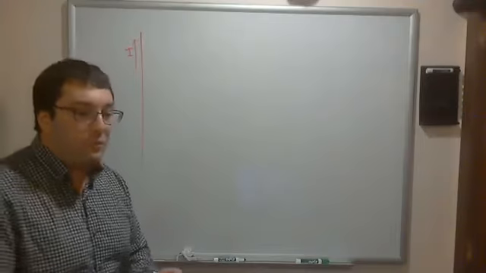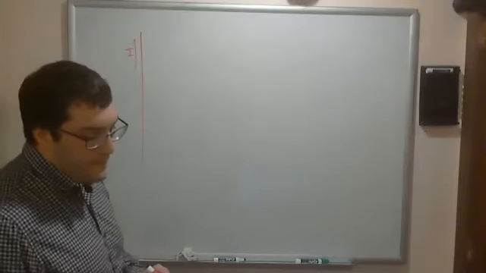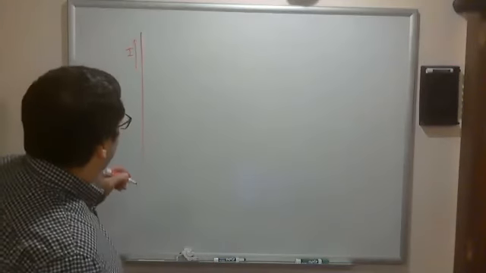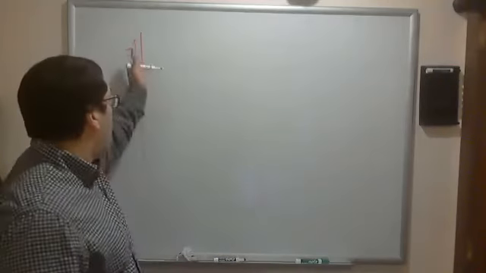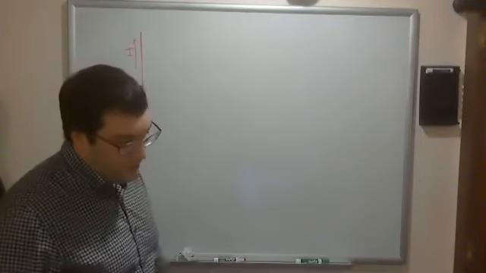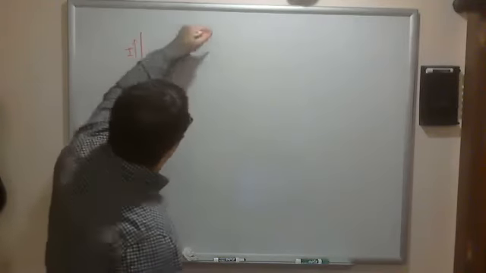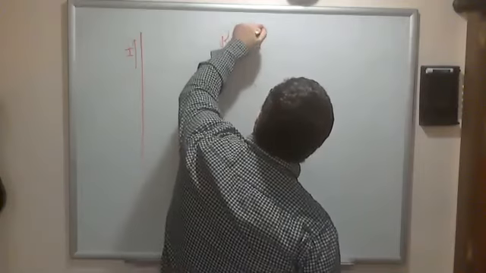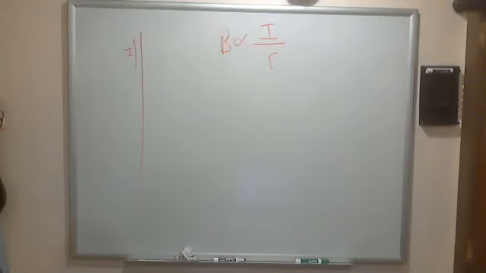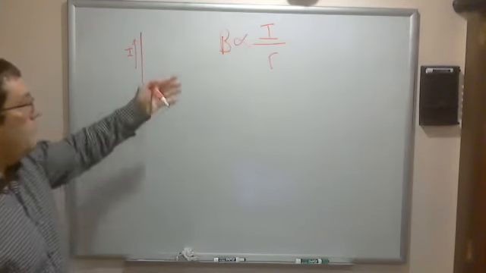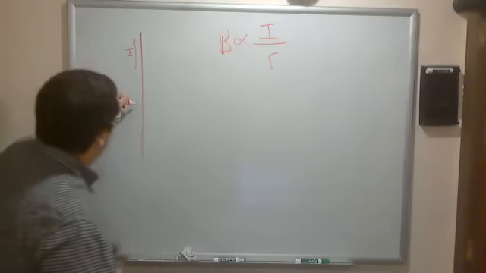At first, we empirically found the relationship of these equations, and we did this by measuring the magnetic field at certain distances from the wire, and based on the magnitude of this current. And what we found was that the B field was proportional to the current and inversely proportional to r. So that the further away you were, the lower the B field, the higher the current, the more charge you have, the higher the B field, right?